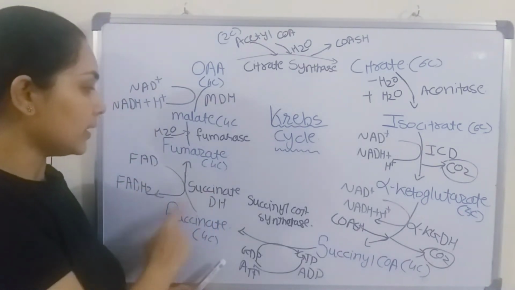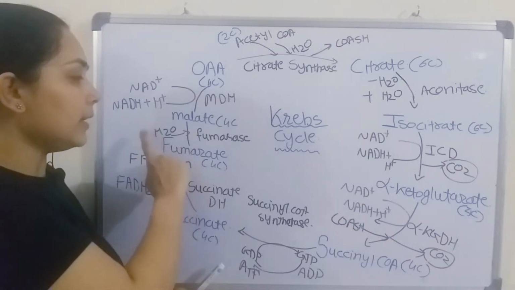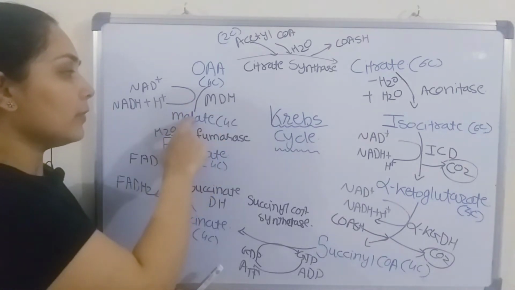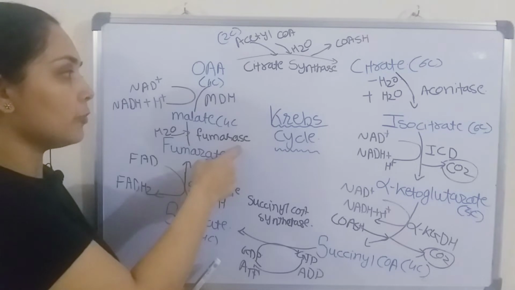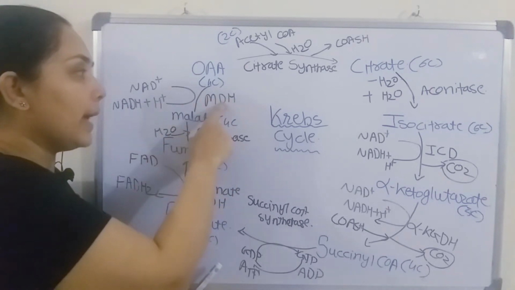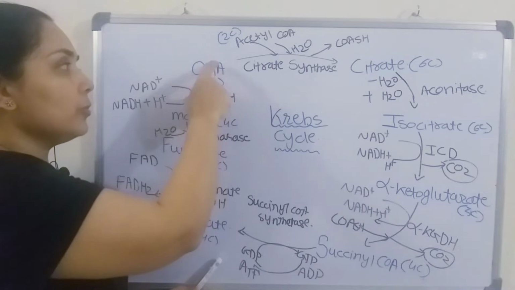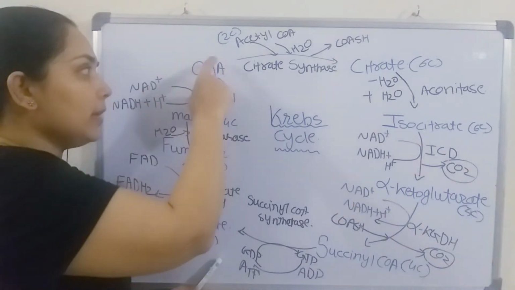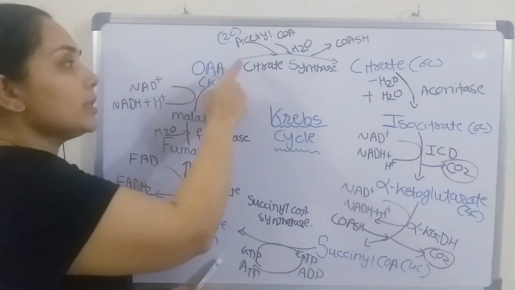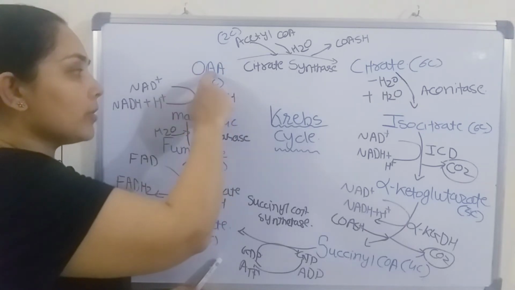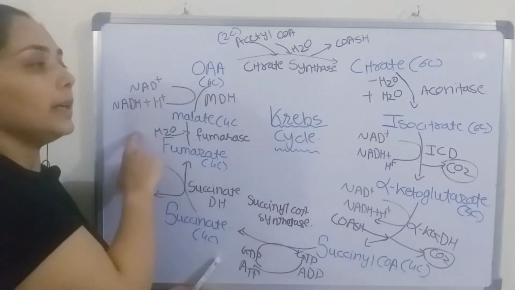So succinate converts to fumarate, then fumarate converts to malate, the enzyme is fumarase, and finally the malate dehydrogenase enzyme converts malate back to our original product of the Krebs cycle, that is oxaloacetate, and one more NADH is produced here.